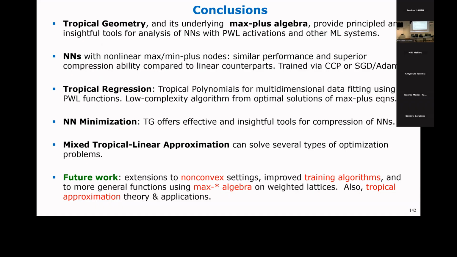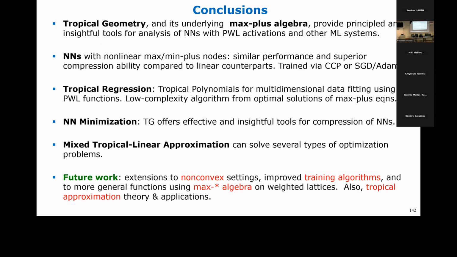The tropical regression is very promising for fitting multidimensional data using piecewise linear functions, very low complexity algorithms, and optimal solutions. Tropical geometry can offer effective and insightful solutions for minimizing neural networks.